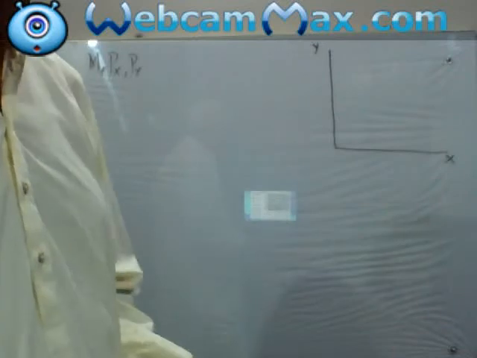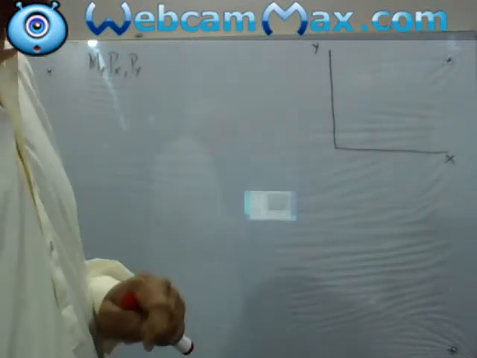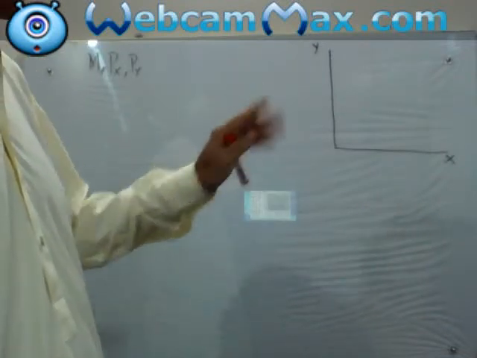Now one thing, make sure that you understand the diagram, how I am drawing this diagram and what technique I am using. It will be helpful for you to draw different cases.